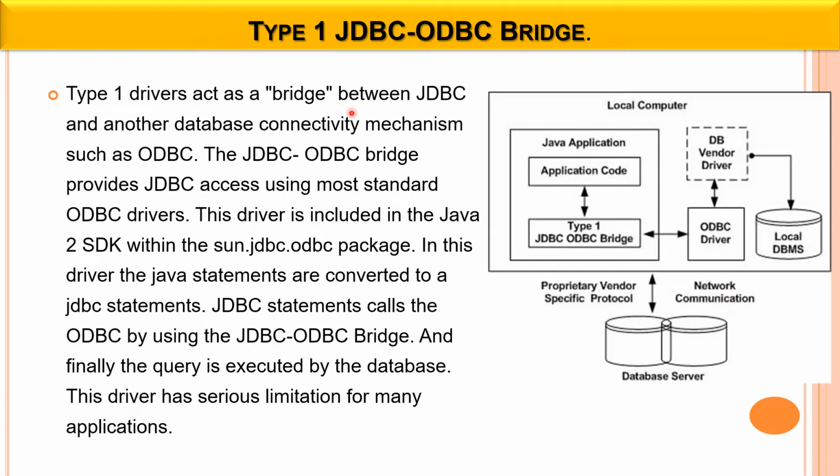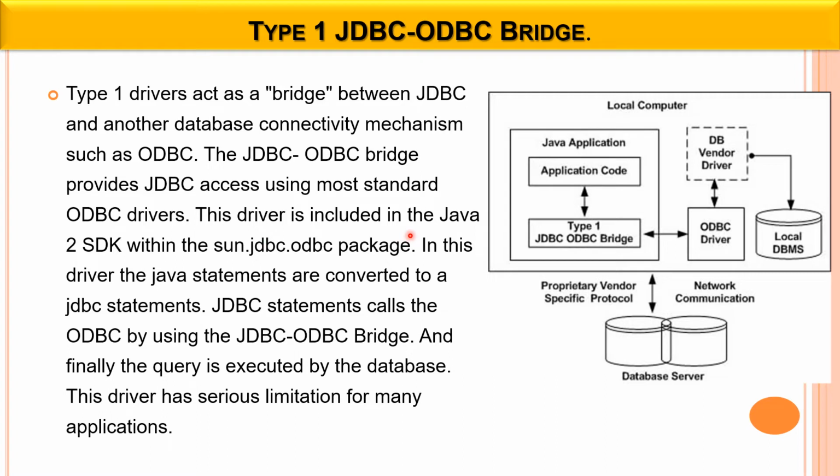The first, type 1, is the JDBC-ODBC bridge. Type 1 drivers act as a bridge between JDBC and another database connectivity mechanism such as ODBC, that is, Open Database Connectivity. The JDBC-ODBC bridge provides JDBC access using most standard ODBC drivers.